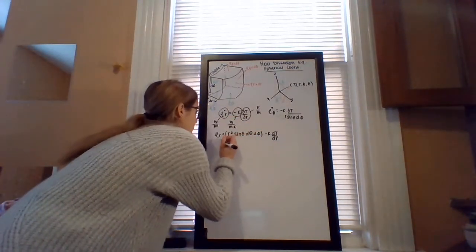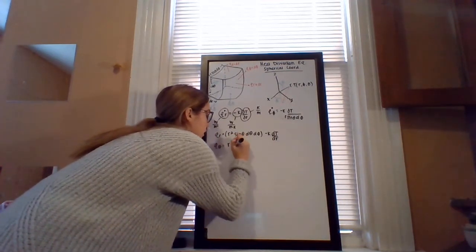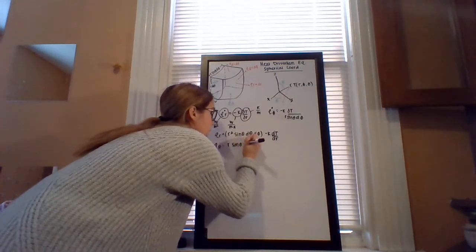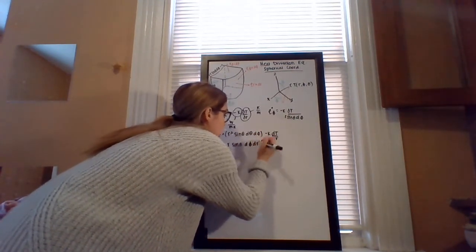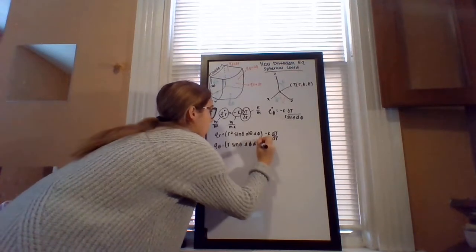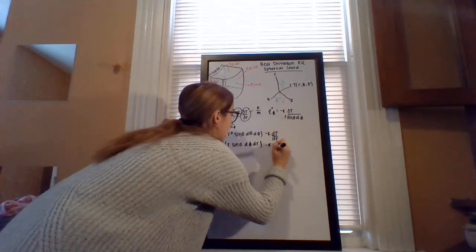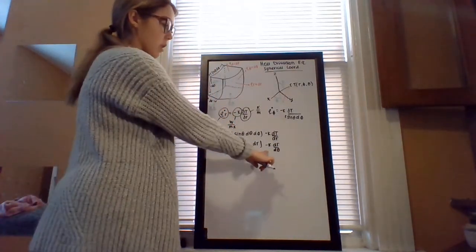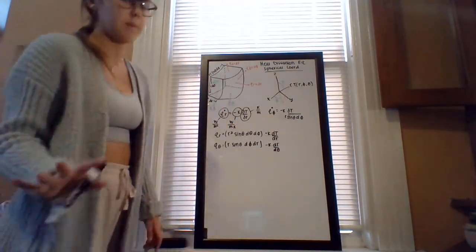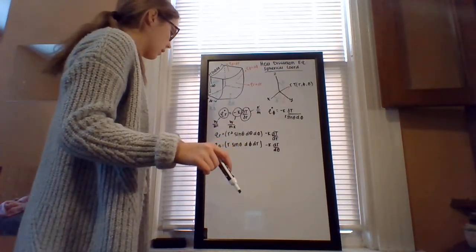And then Q theta is going to be r sine theta d phi dr times negative K dT d theta. It's not subtracting, it's multiplying, by the way.